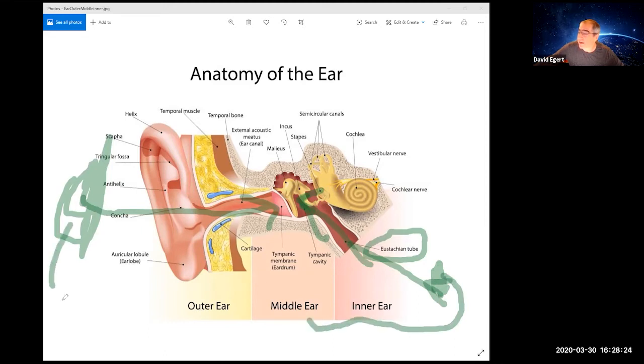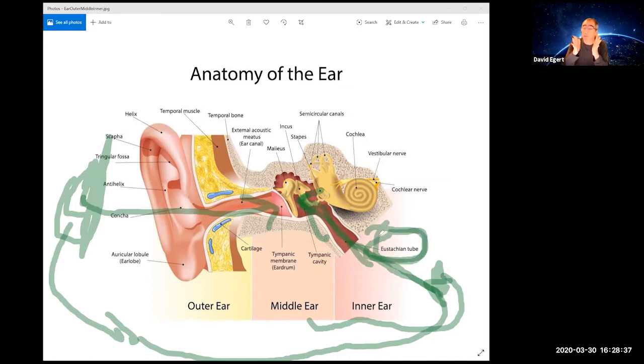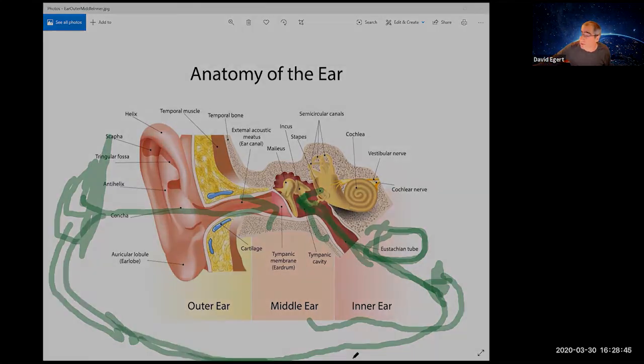The outside air goes through your mouth into your throat, and as long as you open up the Eustachian tube, it's going to equalize, and now you have the same pressure on both sides. But the Eustachian tube typically is flopped shut, so it's like yawning or swallowing. It stretches open and makes sure the air can equalize on either side.